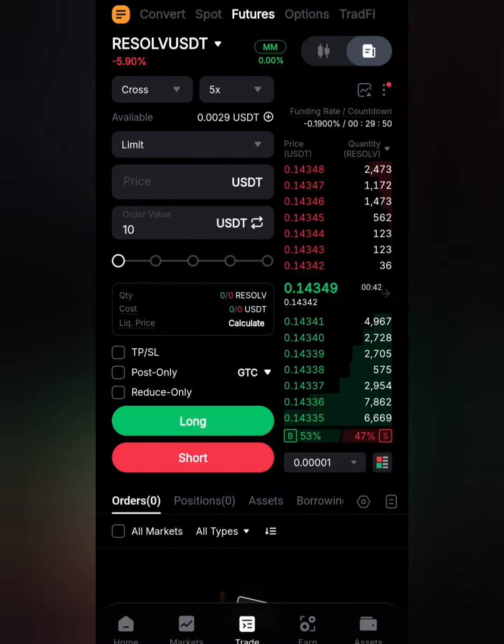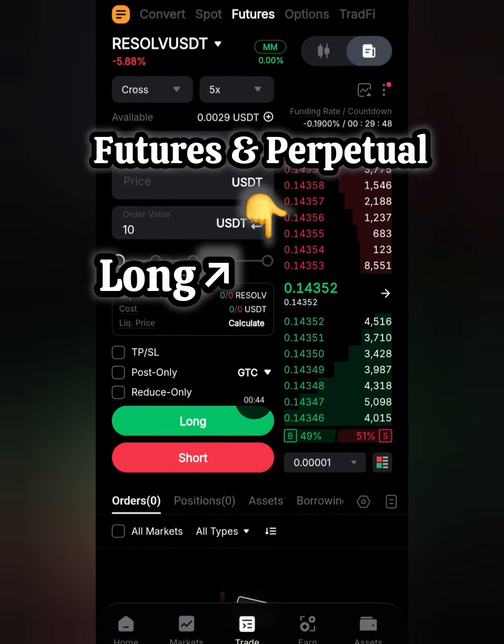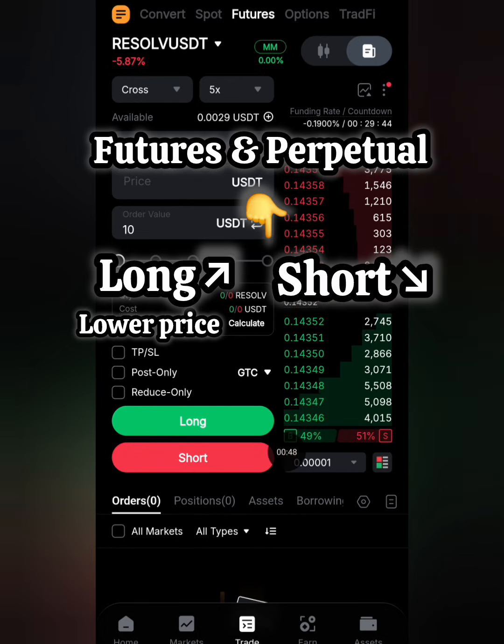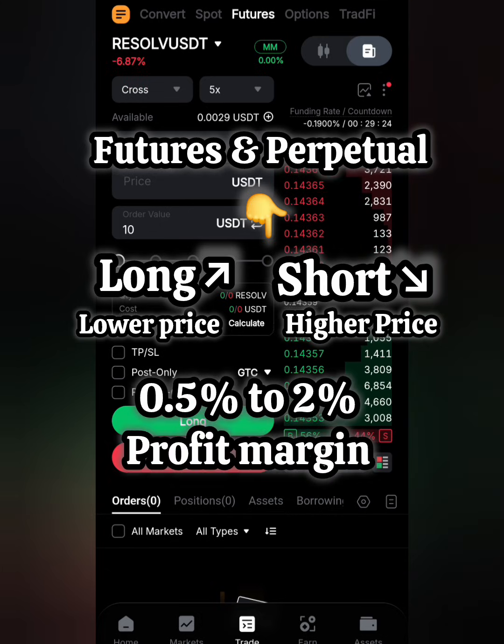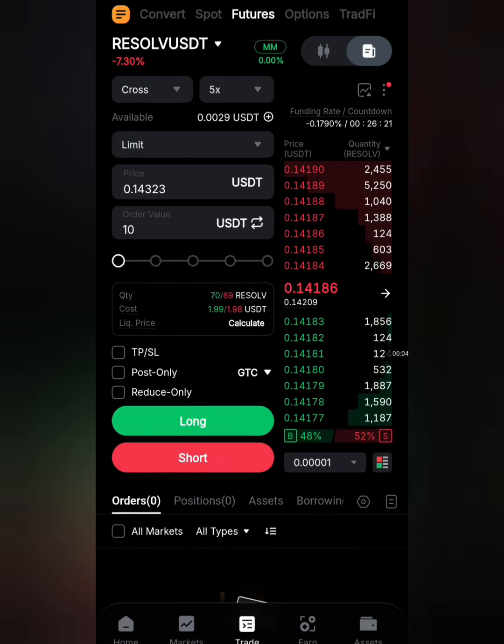All right, so in this type of arbitrage you're going to go long on the exchange with the lower price, and then you're going to short on the exchange with the higher price, and once the prices actually converge, you close both positions at the same time, and in this process you can make about 0.5 to 2% profit. Okay, so let's take some examples.